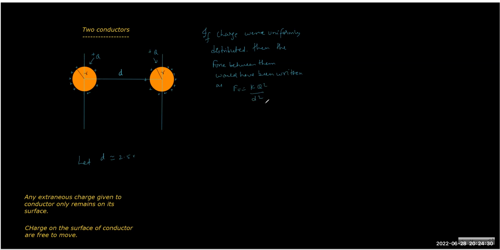But this is like a kind of expectation. If something would have been like this, then we could have written like this. Unfortunately, this is not the case. So now the force acting is not this force. Can you tell me only one thing? Is the actual force more than this or less than this? Whatever is acting, is it going to be bigger than this or less than this?